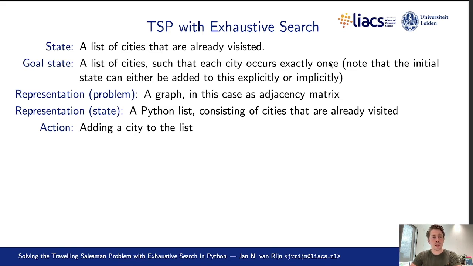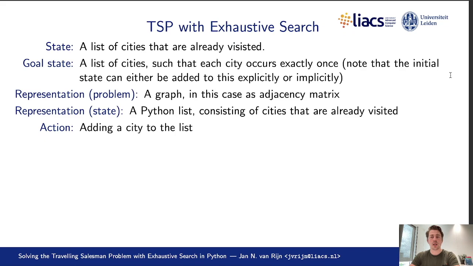We're going to look at the state space on this particular example. In this state space, a state is a list of cities that we have at that moment already visited. And we will see an example of that in a second. The goal state where we want to be is a state where we have visited every city in such a way that each city only occurs once.